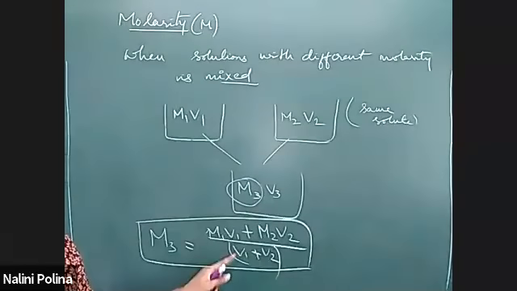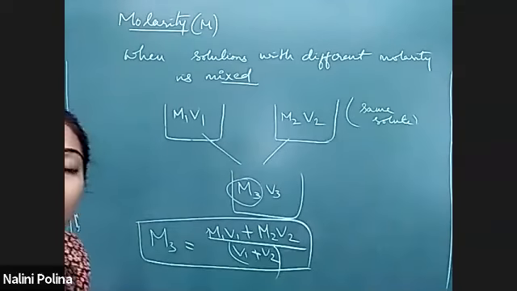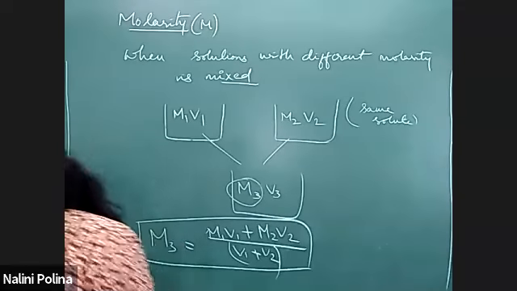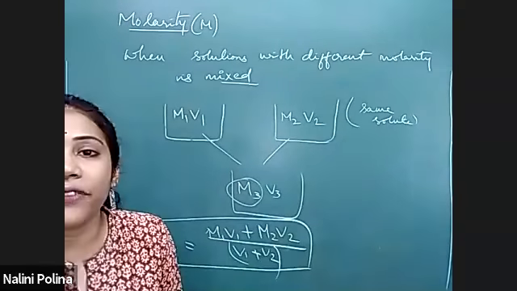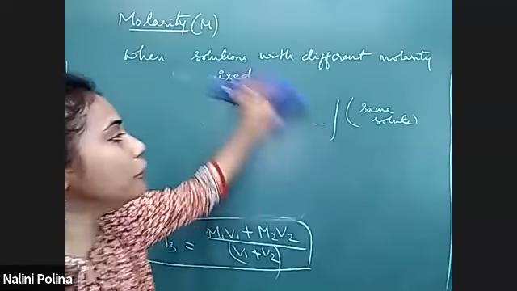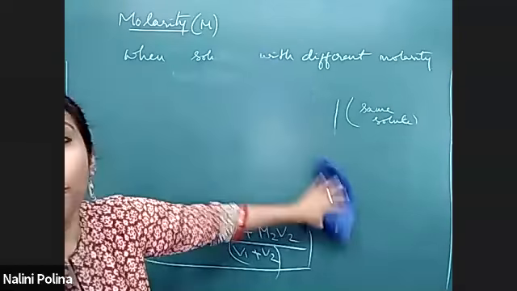So note down this formula. We will see a problem on this particular formula. Clear everyone? Got the formula? Very important formula, when two solutions with different molarity are mixed. So now let us see how to use this formula. Okay, very good.